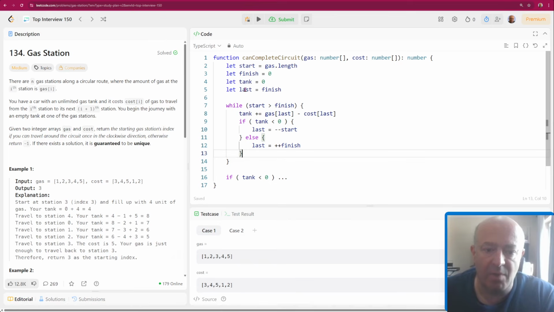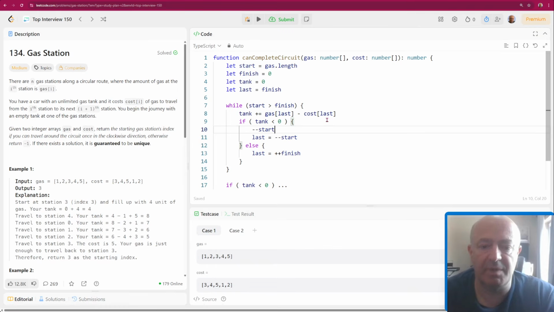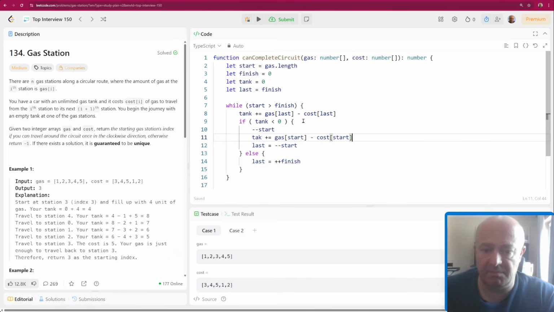Now, why I have introduced last is the following, because I only want to do this calculation only after this is being checked, right? So potentially what I could do is just say start minus minus, and then I could say tank plus equals gas new start minus cost new start. But see what happens here, because I've changed the start.